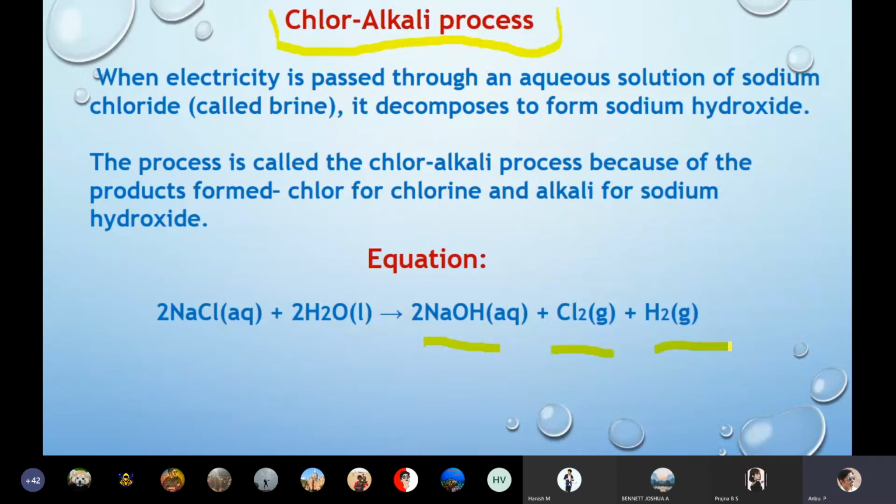How is this process carried out? This process is carried out by passing electricity through the salt solution. As we all know, salt solution is a good conductor of electricity. When electricity is passed through the aqueous solution of sodium chloride, also called brine solution, it decomposes to form sodium hydroxide.